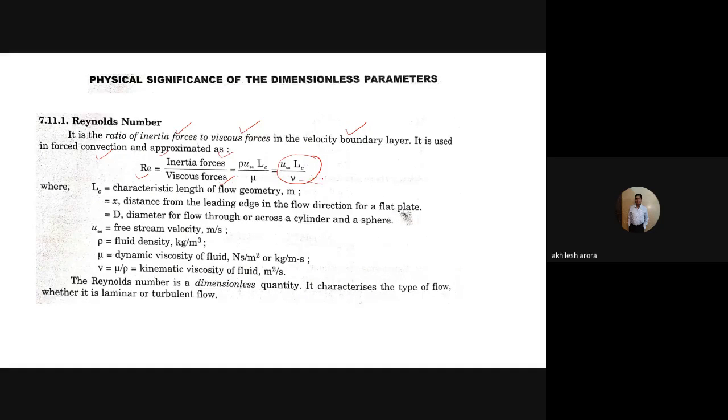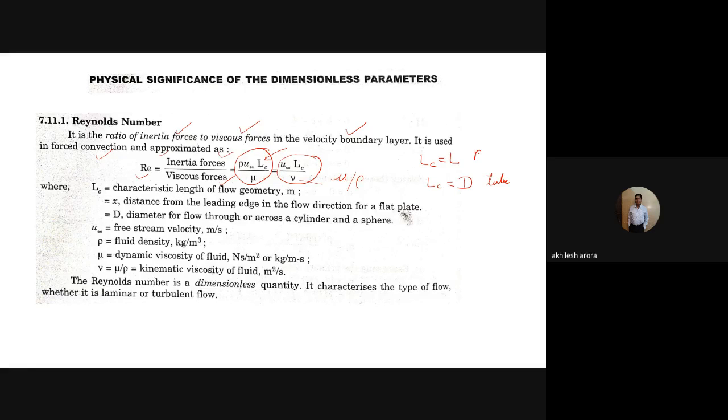Here nu is dynamic viscosity divided by density, that is, the kinematic viscosity. So this is the definition. Lc stands for the characteristic length. If it is a plate, this characteristic length will be L, and Lc will be equal to diameter in case of a tube flow.